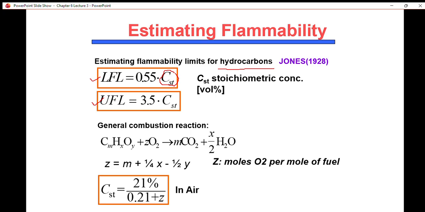But now the question is, how do we calculate CST? CST, the stoichiometric concentration in volume percent, equals 21%, the percentage of oxygen in air, divided by 0.21 plus Z, where Z is the moles of oxygen per mole of fuel.